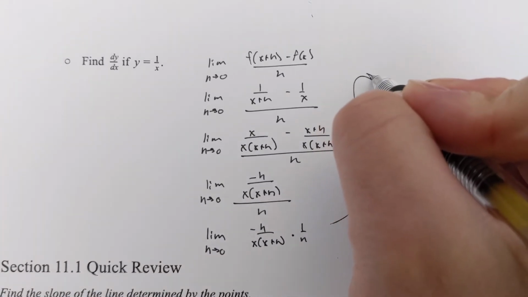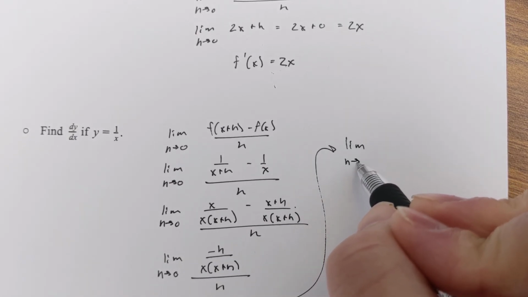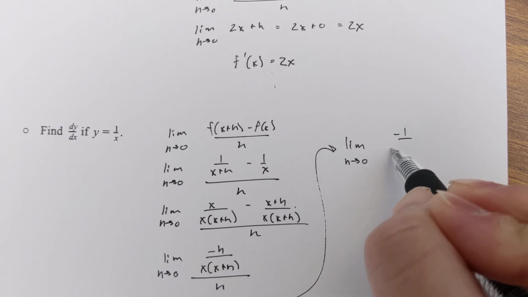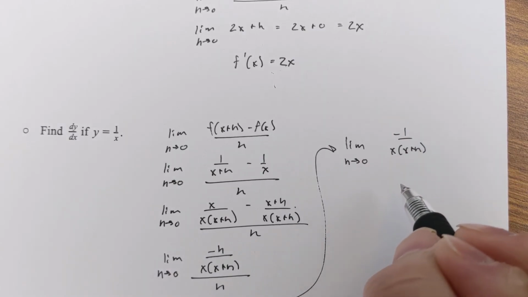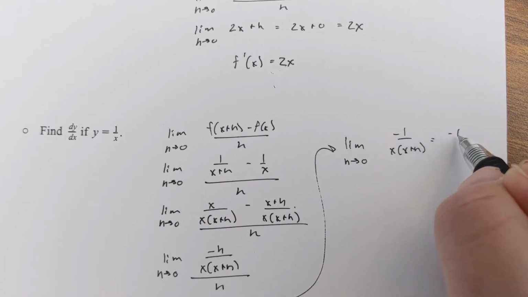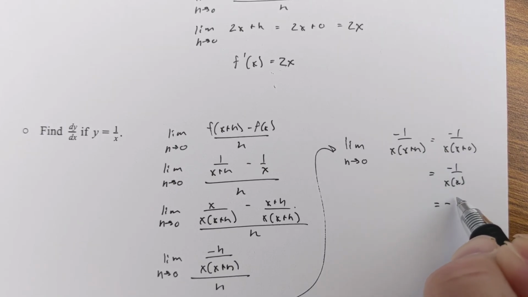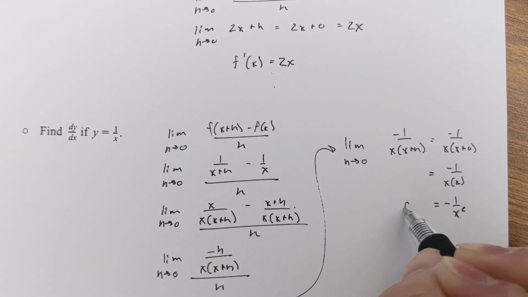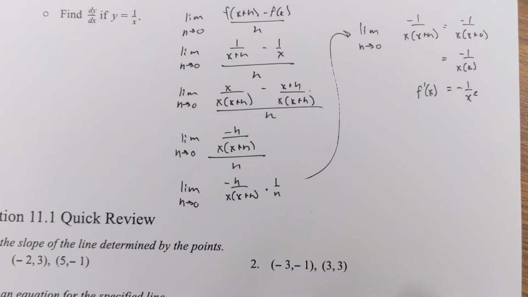So we're going to come back up here. So this becomes the limit as h approaches 0 of negative 1 over x times x plus h. But if h is 0, this becomes negative 1 over x times x plus 0, which is negative 1 over x times x, which is negative 1 over x squared. So this is my derivative function. And that brings us to the end of the section.